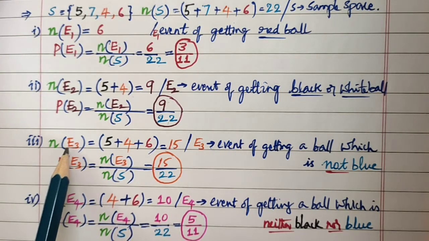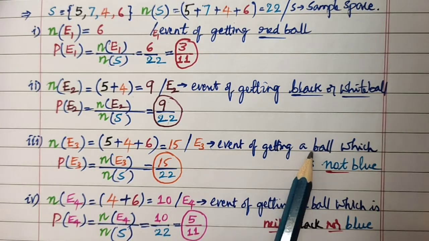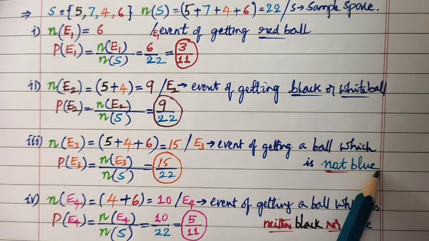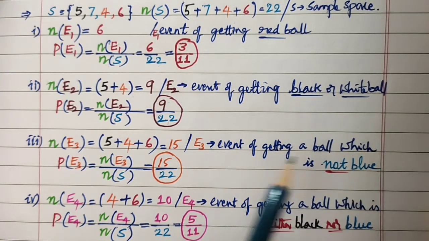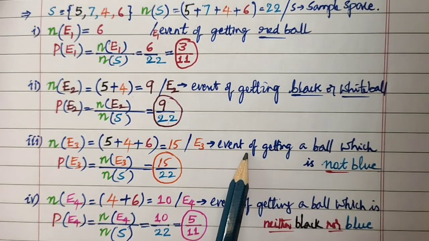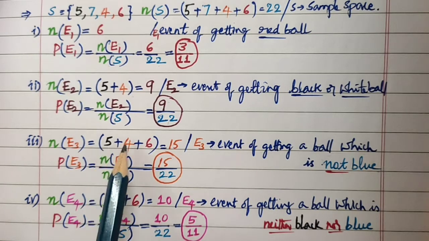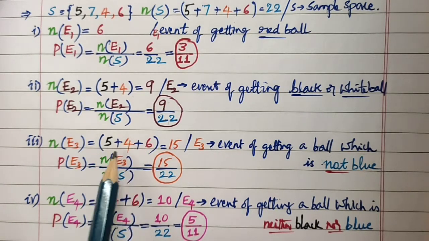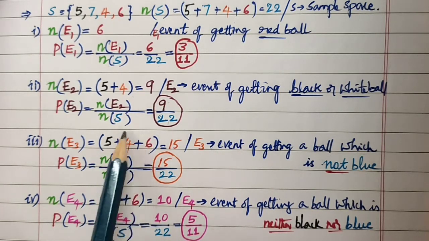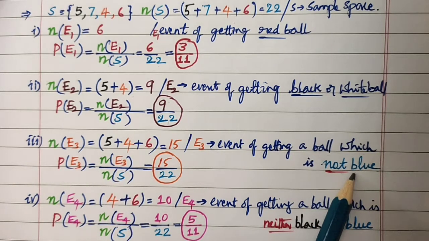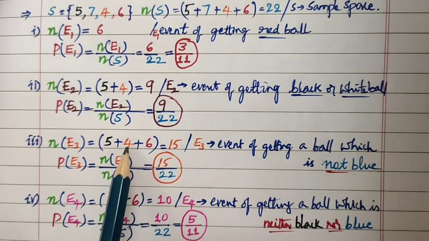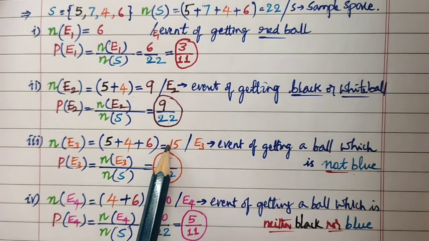E3 is the event of getting a ball which is not blue. Not blue means the other balls. What are the other balls? Black, white and red. These are the total number of balls other than blue. That is 6 plus 4 plus 5, which is 15.